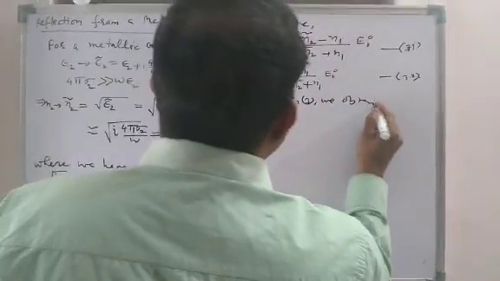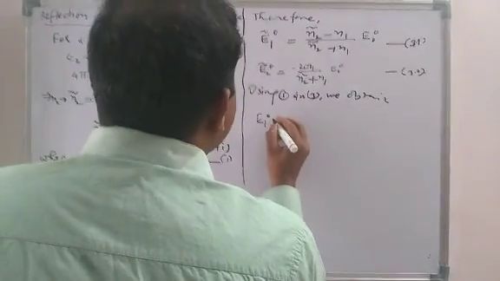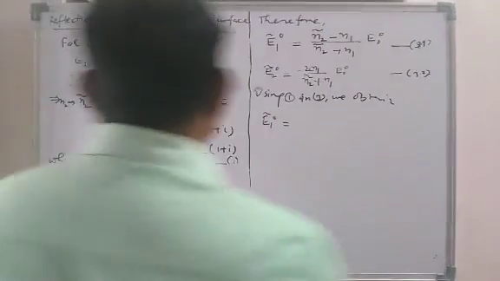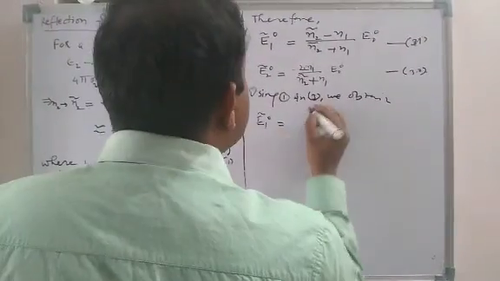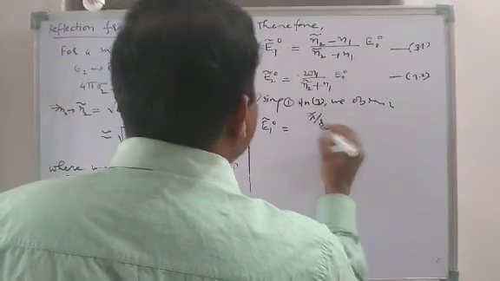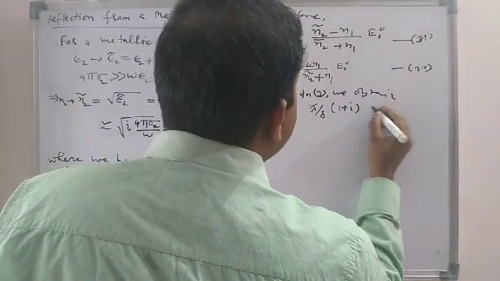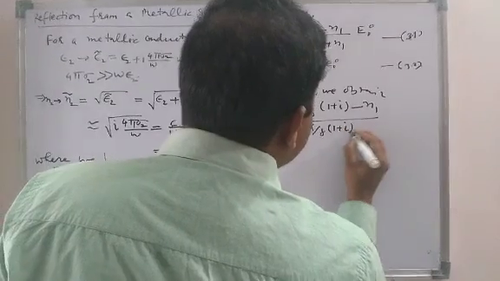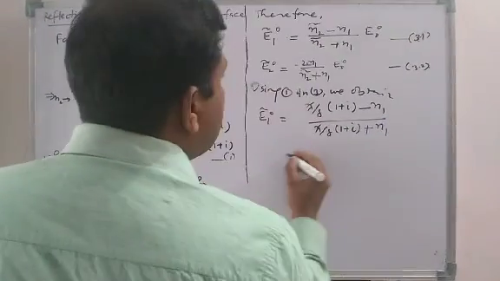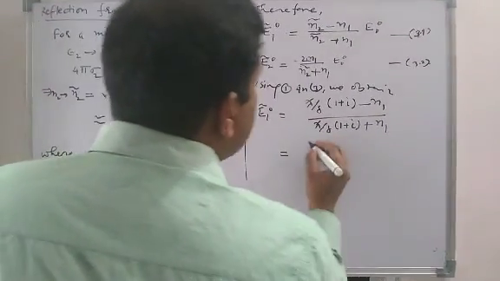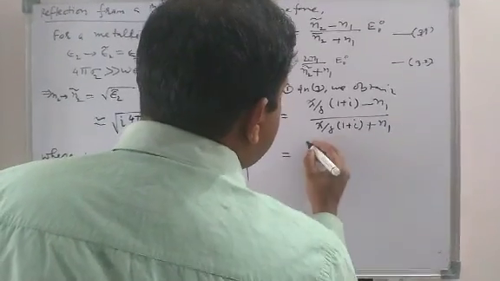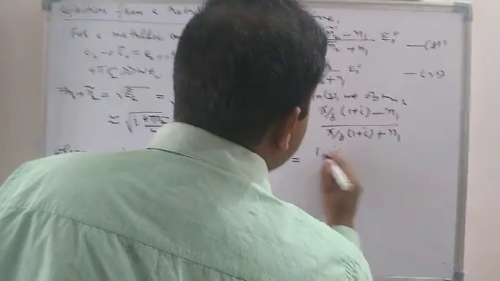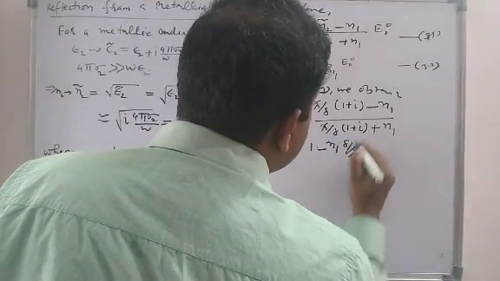we obtain E1 naught is equal to N2 minus N1, where N2 is basically lambda bar by delta 1 plus i, minus N1, upon lambda bar by delta 1 plus i plus N1. This is going to be 1 plus i, or basically 1 minus N1 delta by lambda bar, if you wish.